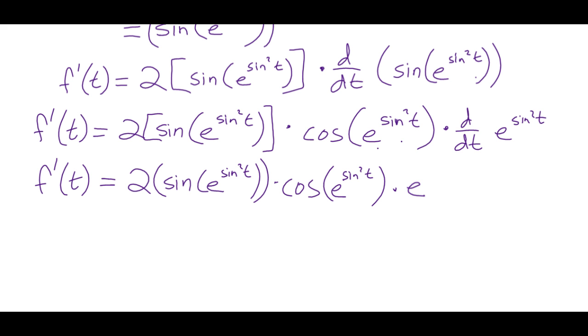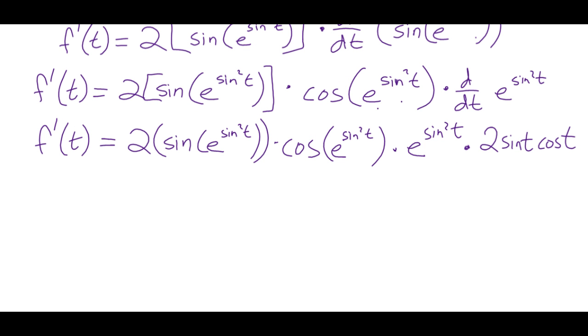So it becomes e to the sine squared t times, and this time I'm not going to write out d by dt, we're just going to take the derivative of sine squared t. We've done that before. So sine squared would be 2 sine t, and then cos t. So there's about 5 applications of the chain rule in there, I think. I lost count, but that was 3. There's 4. I think there's 5. There's at least 5.